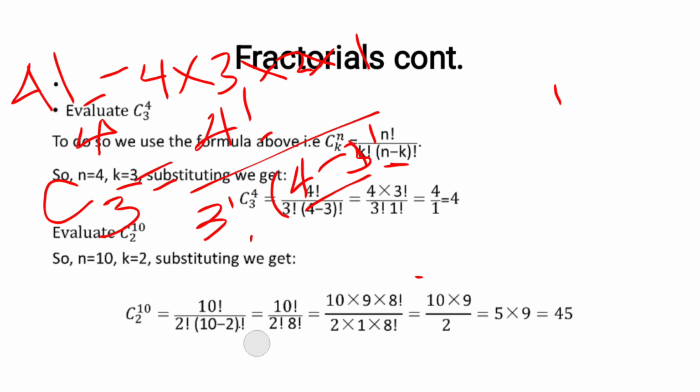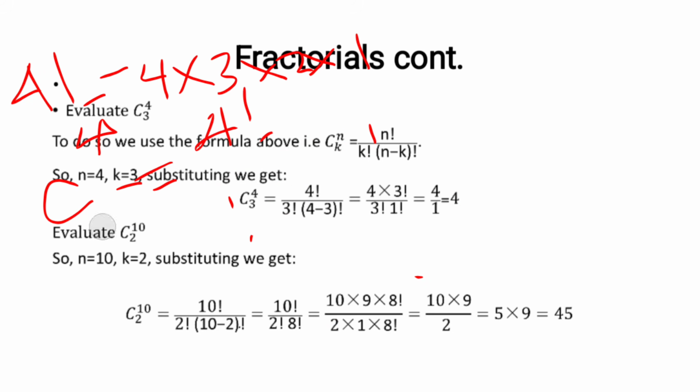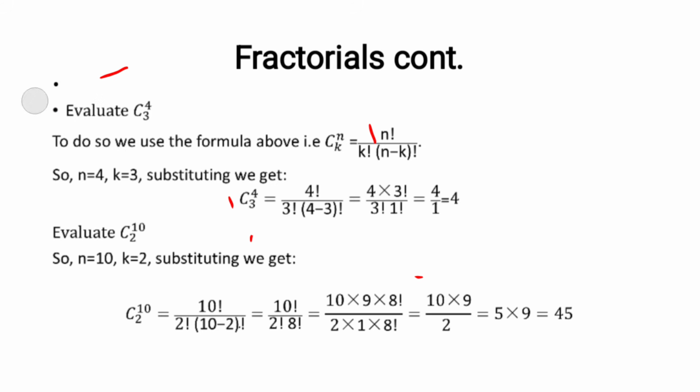Let's look at what was solved originally. So originally, we had the question that we're to evaluate 4 combination 3, and that is a binomial coefficient. So therefore, we know the binomial coefficient formula. It says n combination k is n factorial over k factorial times n minus k factorial.